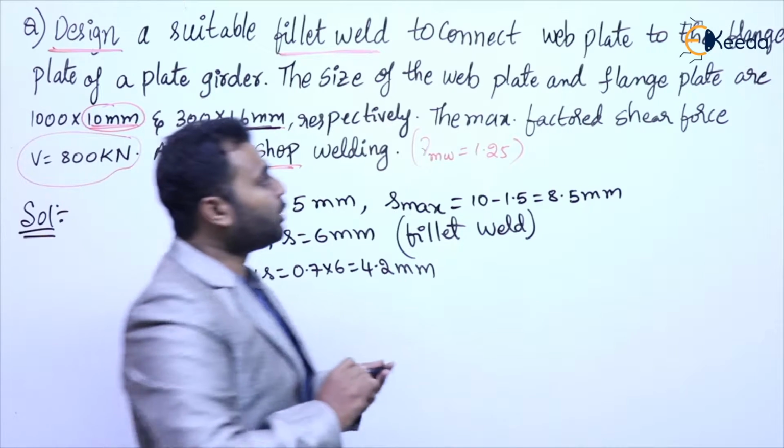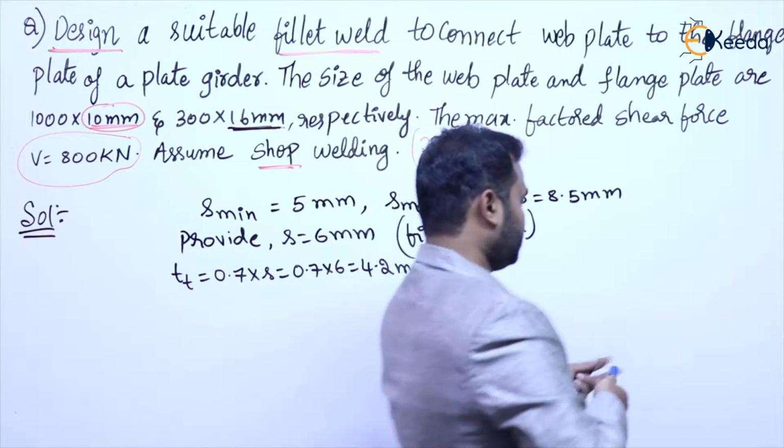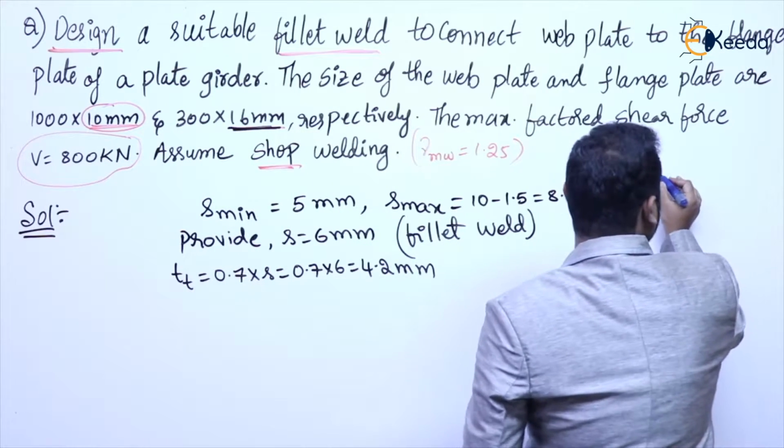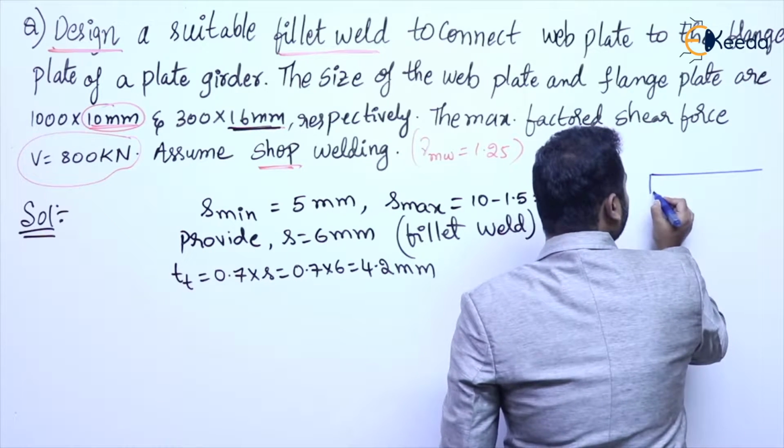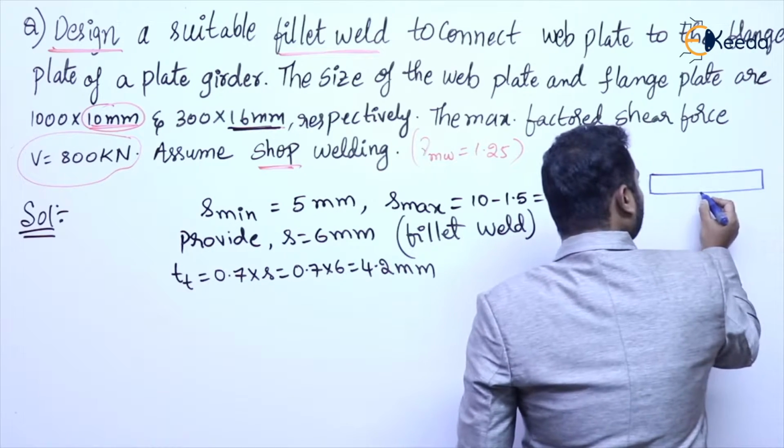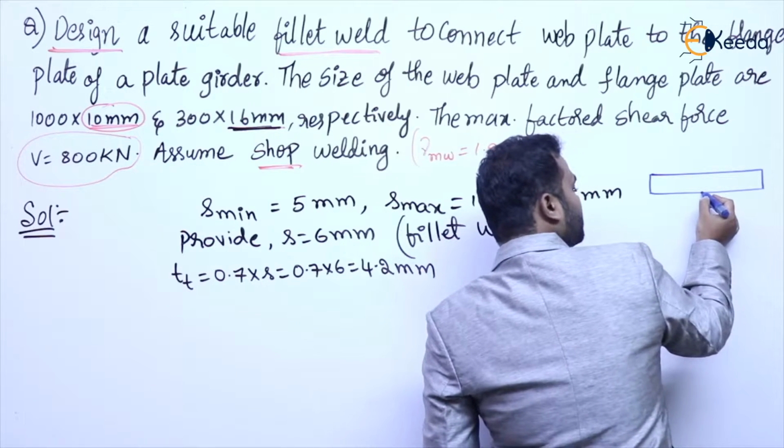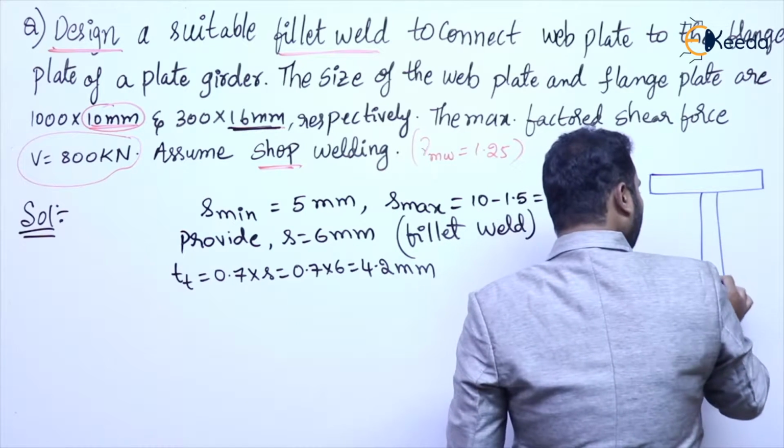So first, let me draw the diagram of this plate girder. This is the web plate. Sorry, this is a flange plate, and this flange plate is connected to the web plate by using a fillet weld.